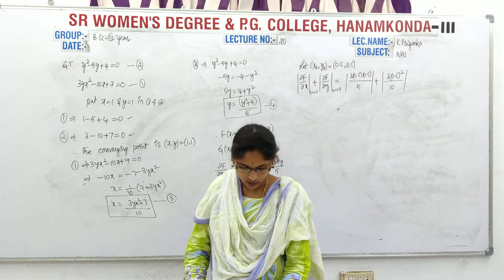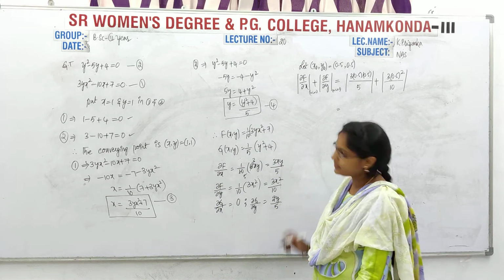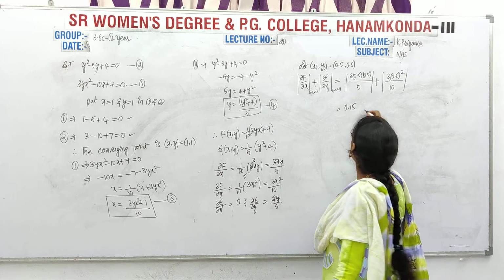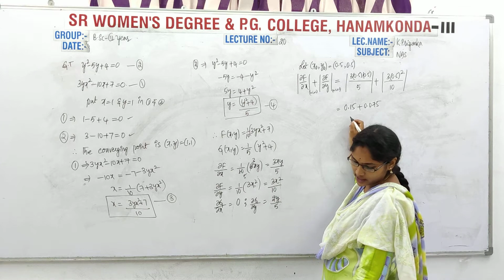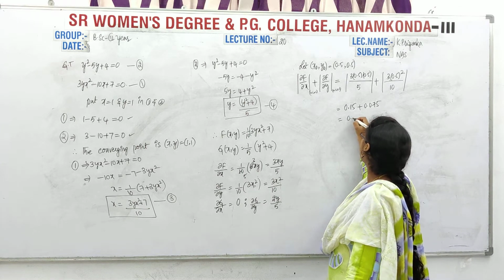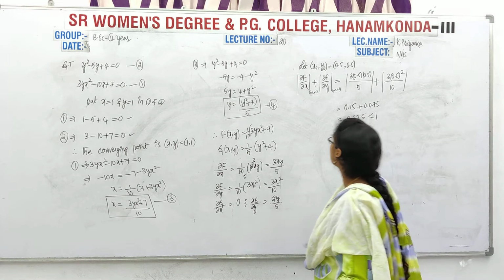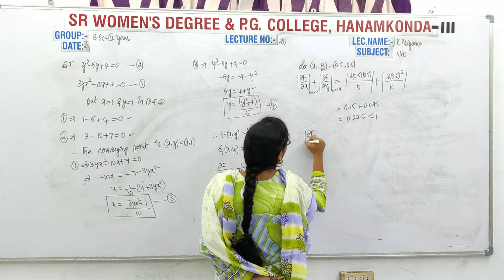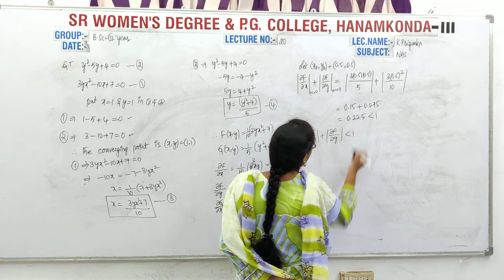The first value will be 0.15, and the second value will be 0.075. What will be the sum? The sum is 0.225. Is it less than 1 or not? Obviously it is less than 1. Therefore dou f by dou x plus dou f by dou y is less than 1.